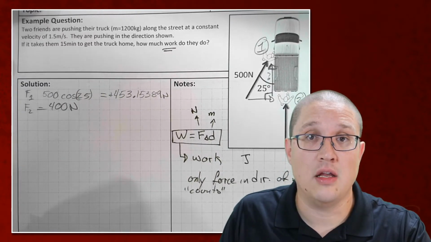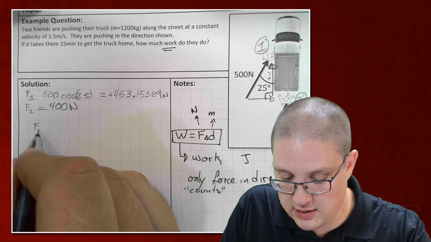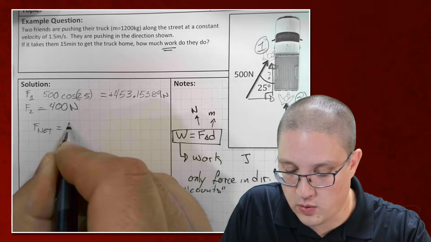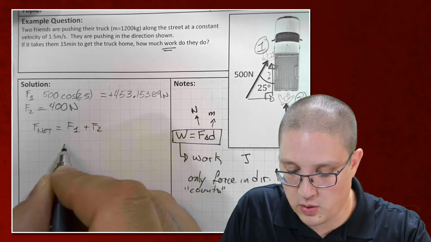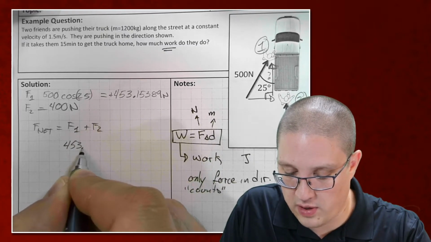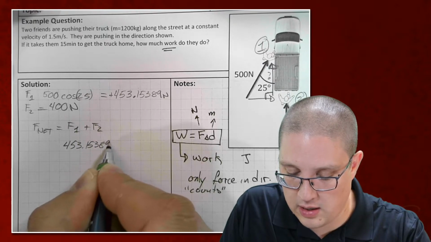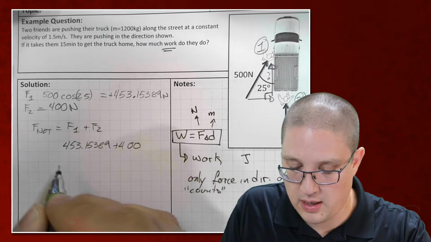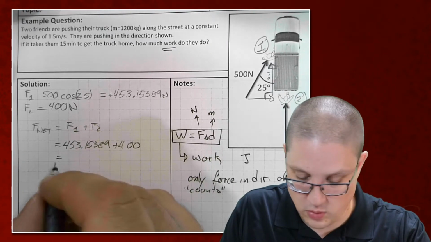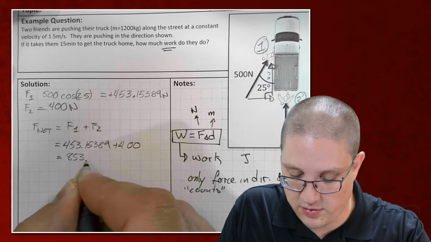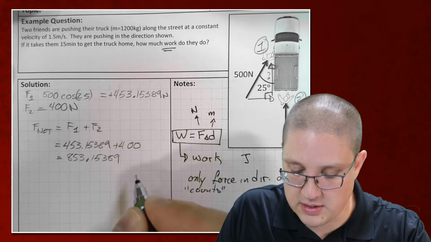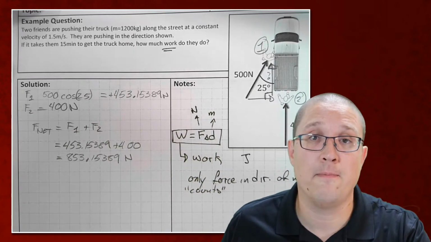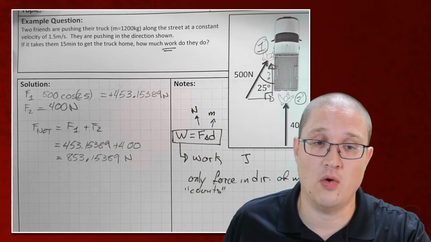My net useful force in this case is going to be just these added together. So I've got 453.15389 plus 400, which works out to 853.15389. If you're doing this on your calculator, leave all the decimals in your calculator and go from there.